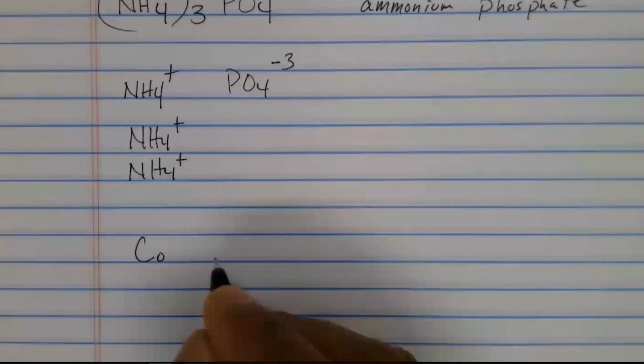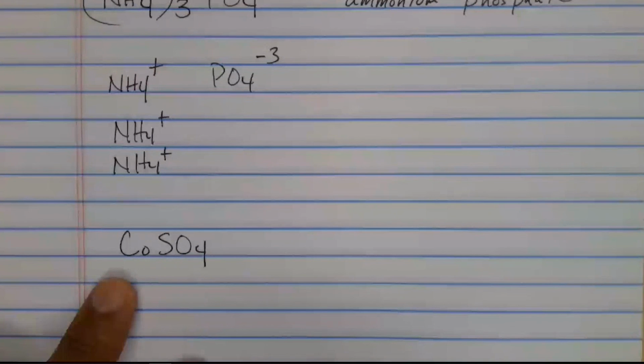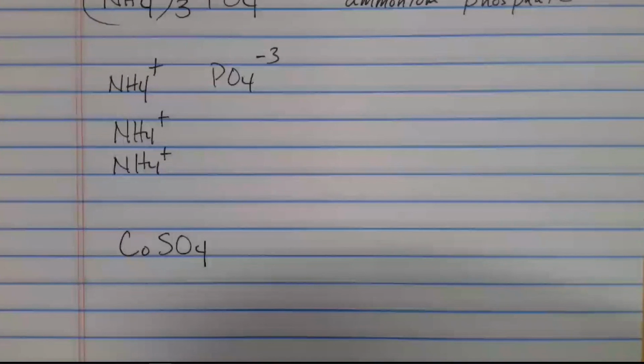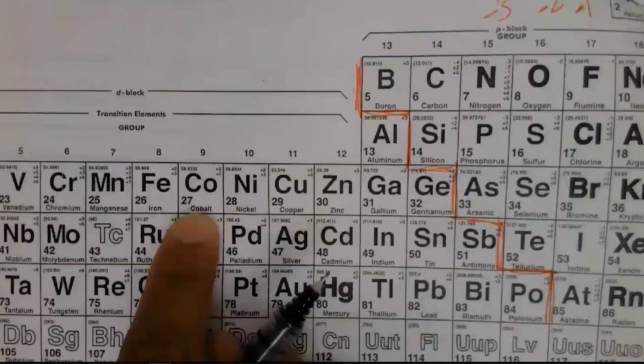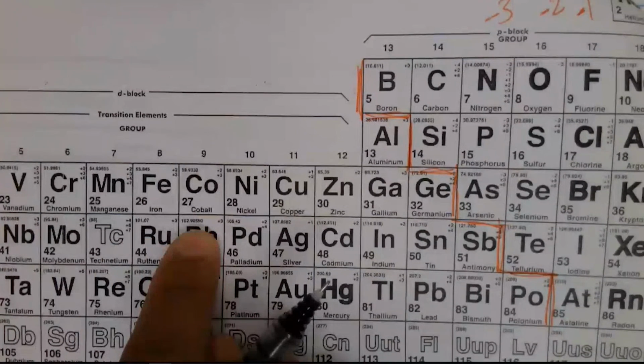CoSO4. Okay. Now, this is special because we see the element Co. Now, where's my table? Now, that's special because Co is cobalt, and cobalt is a metal, but it's a transition metal. Now, what was special about transition metals?